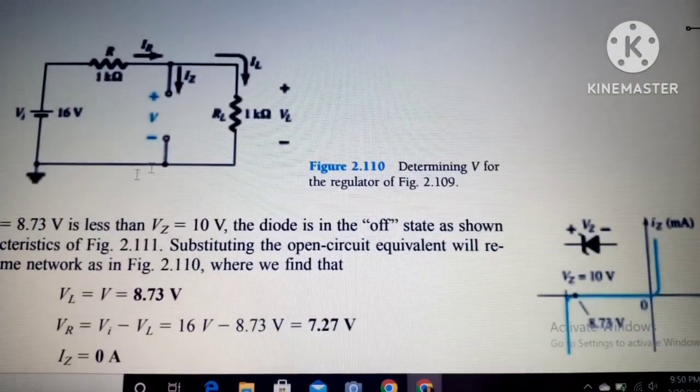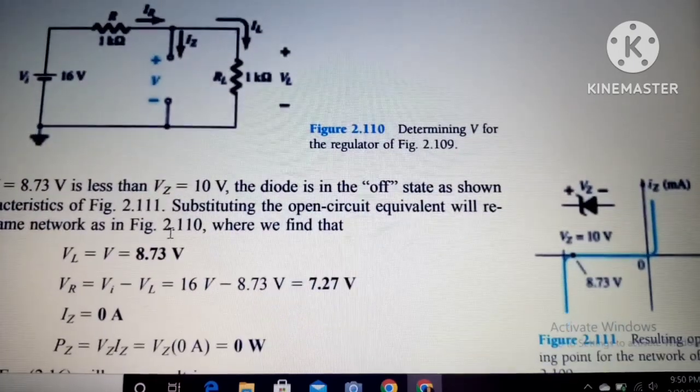As 8.73 volt is less than the Zener voltage, the Zener diode is off. So the voltage VL, as these voltages are the same, becomes 8.73. Now we have to find the voltage across this resistor.